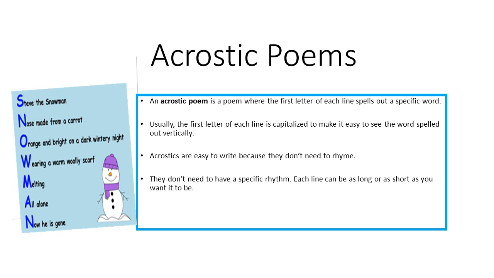Acrostics are easy to write because they don't need a specific rhyme scheme and they also don't need a specific rhythm. So each line can be as long or as short as you want it to be.